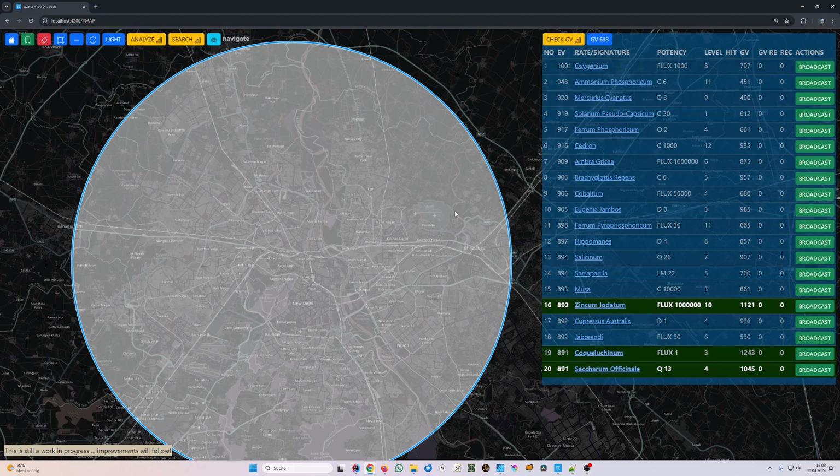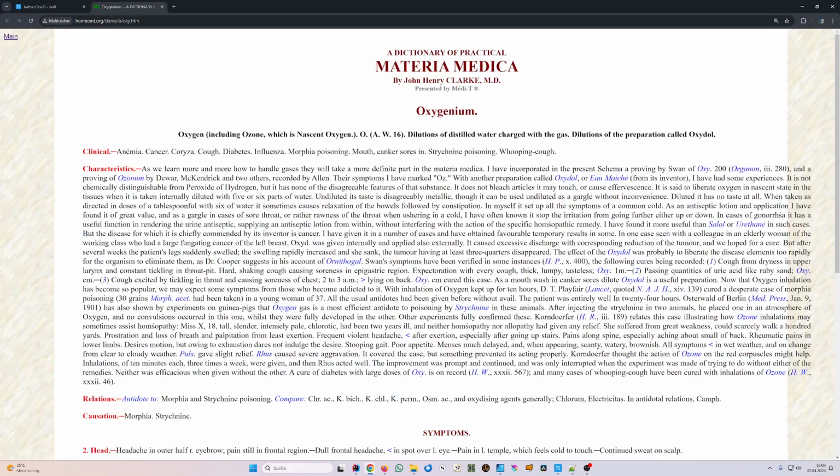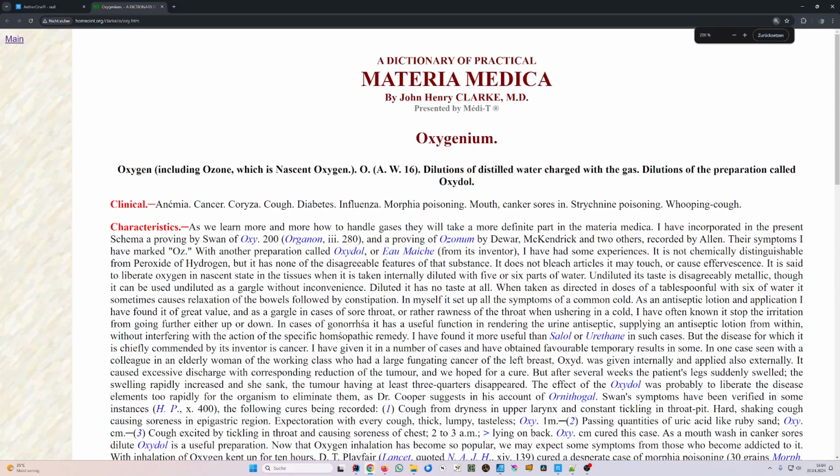Oxygenium is oxygen and you can click here on the link, and you can see what the Materia Medica of John Henry Clarke says about it, and we can see oxygen is a problem in such a huge city, and it can cause anemia, cancer, coryza, cough, diabetes, and so on.